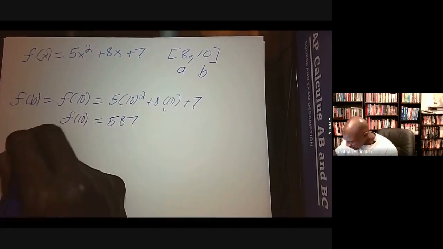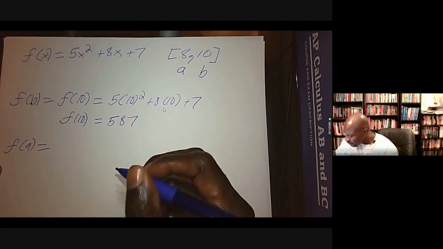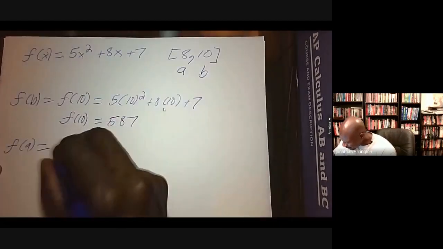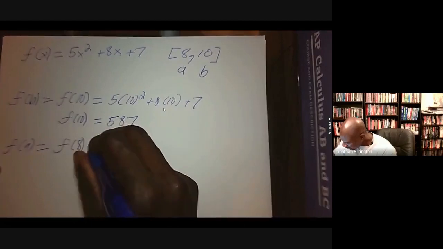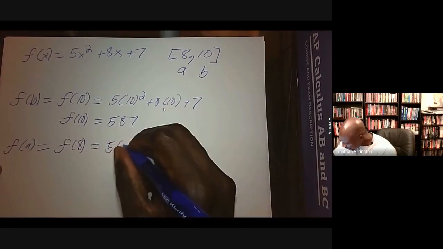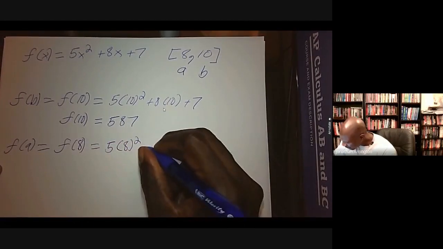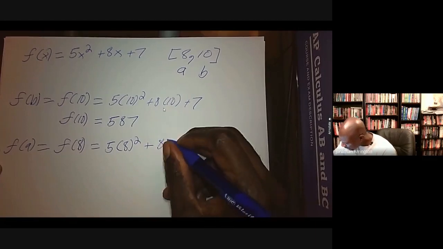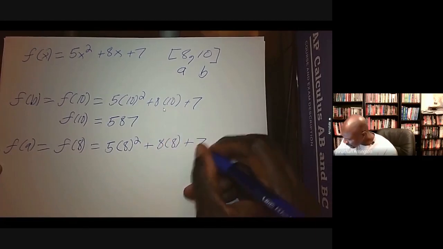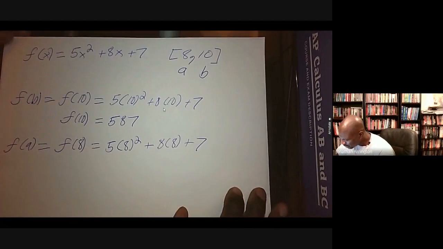Now f of a, of course, a here is 8. That's f of 8, which is 5 times 8 squared plus 8 times 8 plus 7. This calculation may not be as simple.